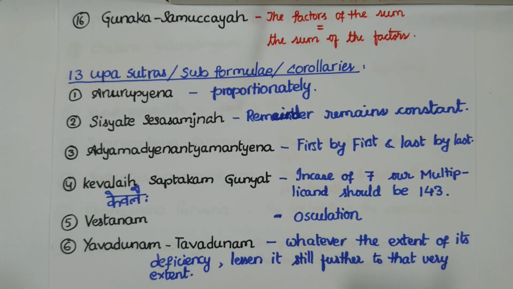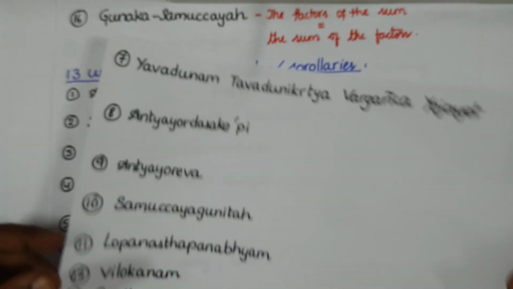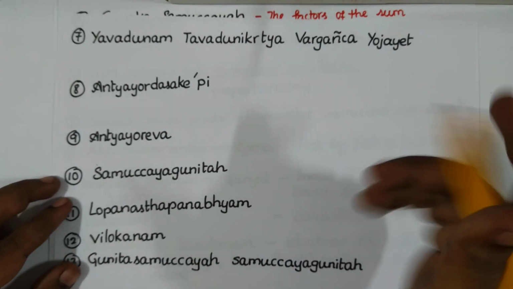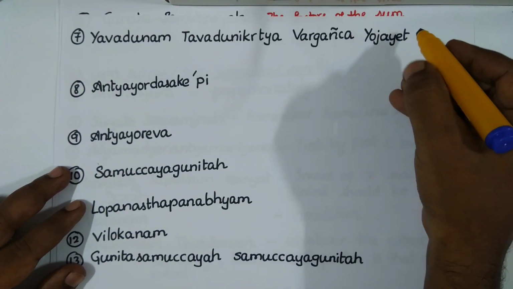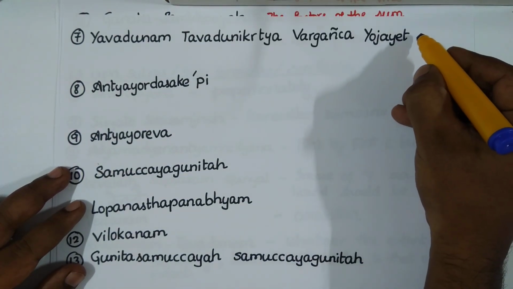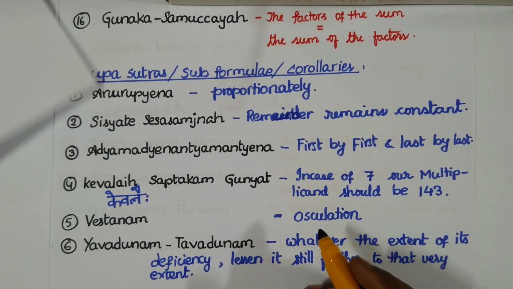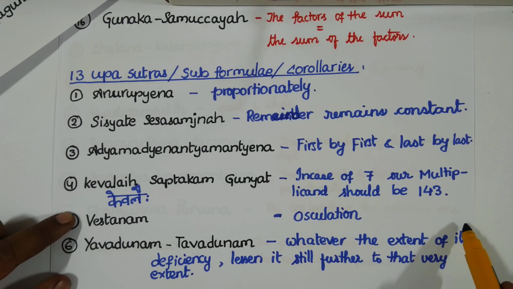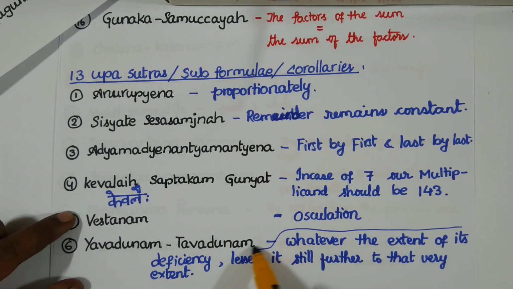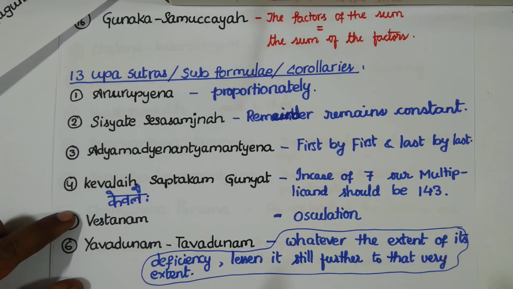And the next one is Yavadunam Tavadunikritya Vargam cha Yojayet. You take this entire statement, whatever the extent of its deficiency, lessen it still further to that very extent.